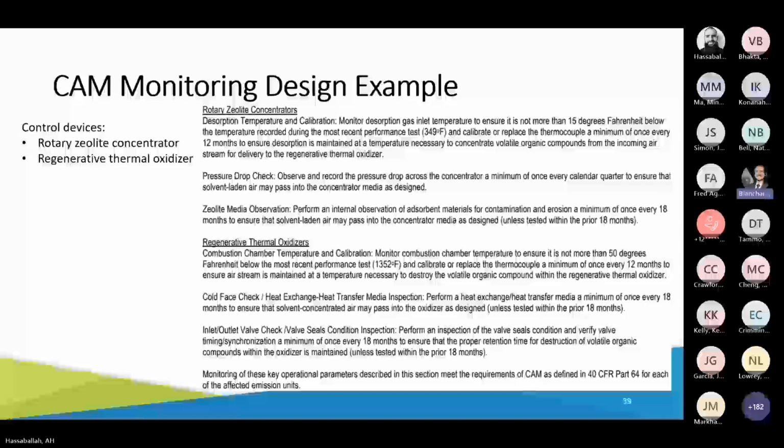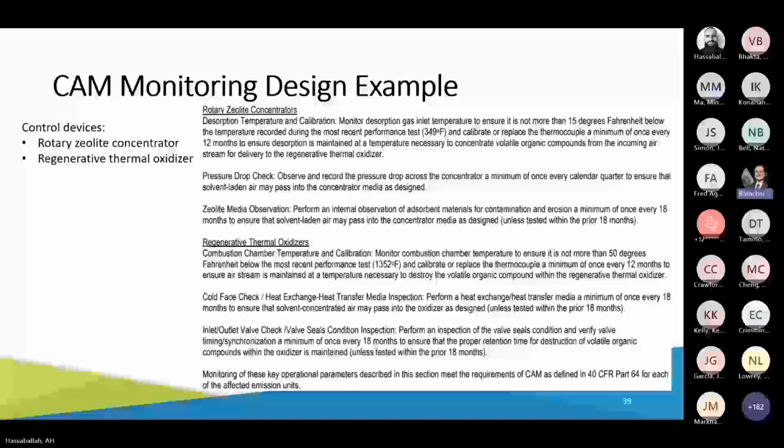And the thermocouple is also being calibrated and replaced a minimum of once every 12 months to ensure that it is functioning properly. We also have the cold phase check, heat exchange media transfer, media inspection there, and an inlet outlet valve check, valve seals condition inspection.